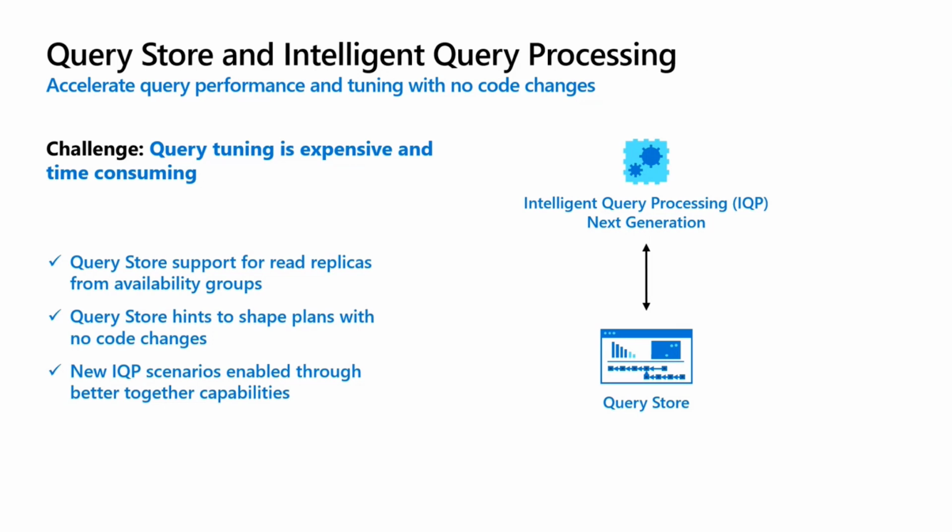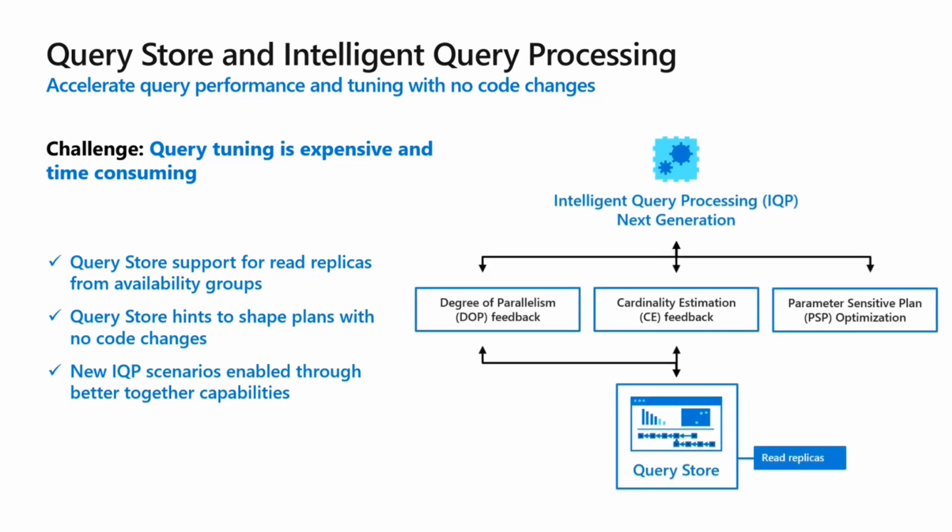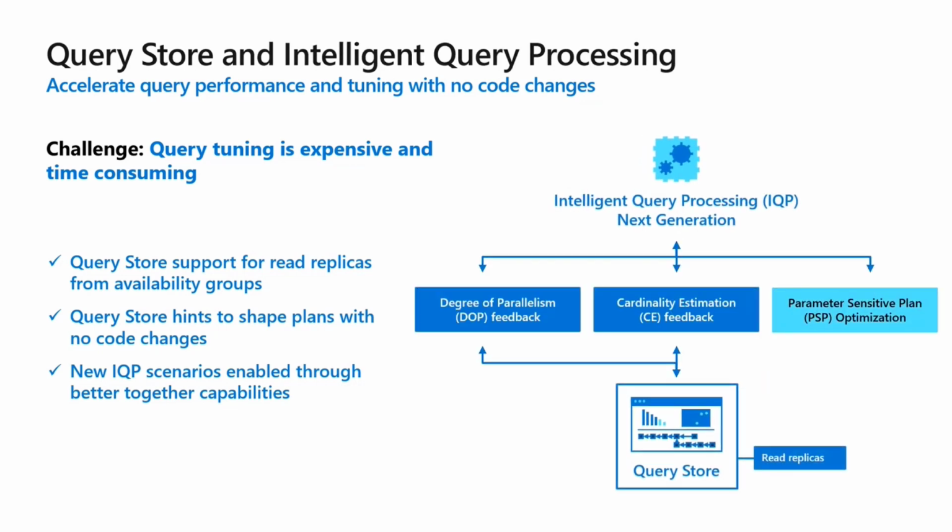Well, first of all, with intelligent query processing next generation, it is relying a lot on query store for a bunch of purposes, right? There are two features, right? DOP feedback and CE feedback. DOP stands for degree of parallelism, and CE of cardinality estimation, right? Which will help us to solve two of the problems that we see today, which are quite complex.